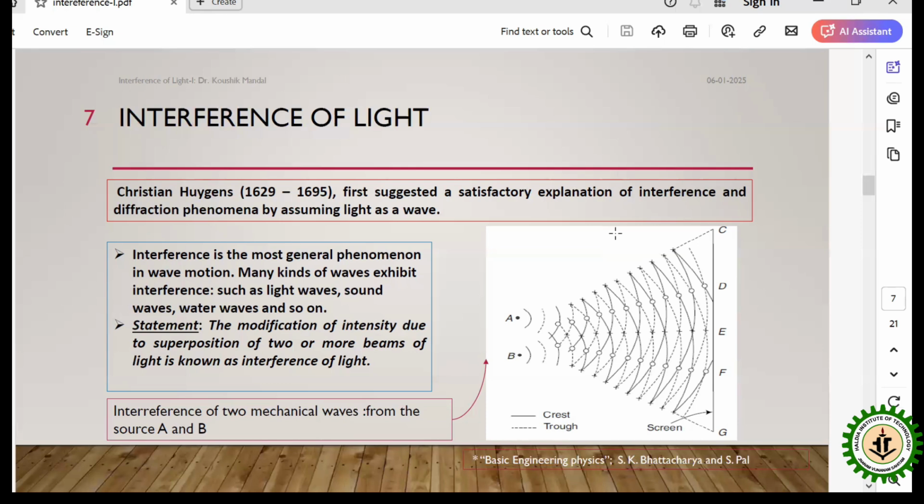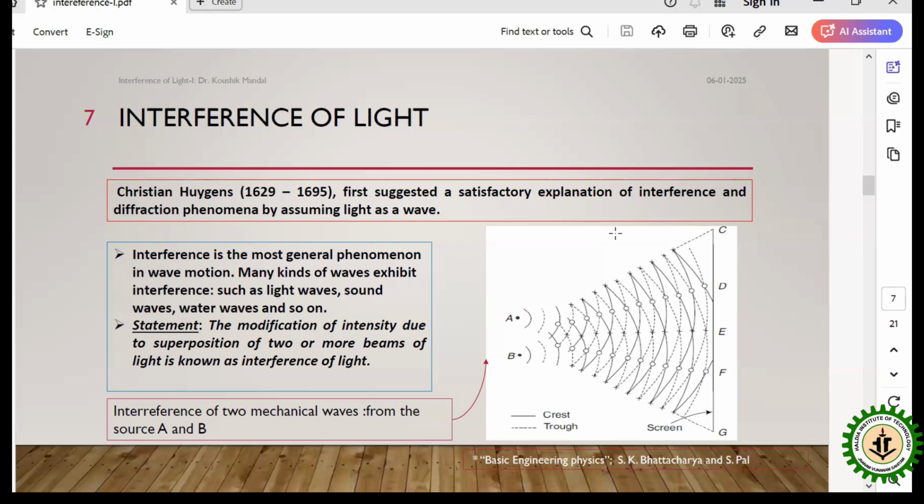For example, if you have two point light sources A and B producing light waves, and after the interference we have to find the resultant wave. If we place a screen in front of the two sources A and B at some distance, the light waves travel in the medium, and after the superposition you can see an interference pattern on the screen.